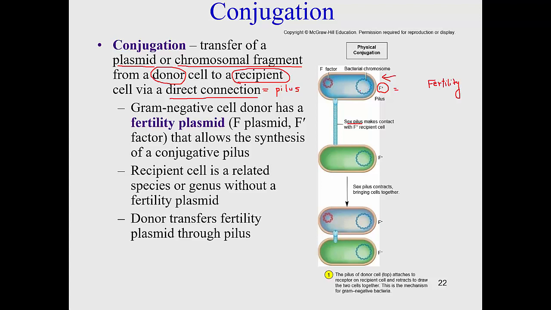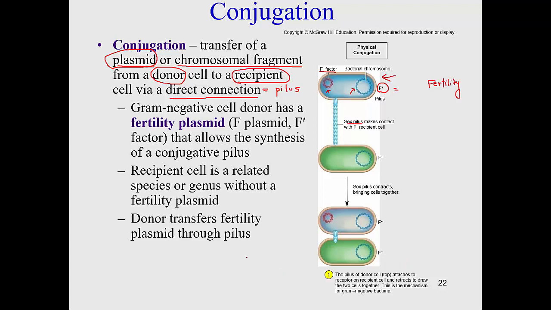Here in the cell, there is a plasmid, and it has a gene called F factor that allows it to grow the pilus. It also has a chromosome, but the chromosome is not involved in this example. So this is an example where the plasmid is being sent through. The plasmid is copied, and it's going to go from one cell to the other very soon.